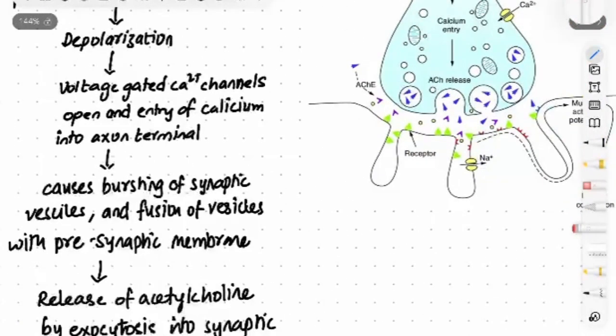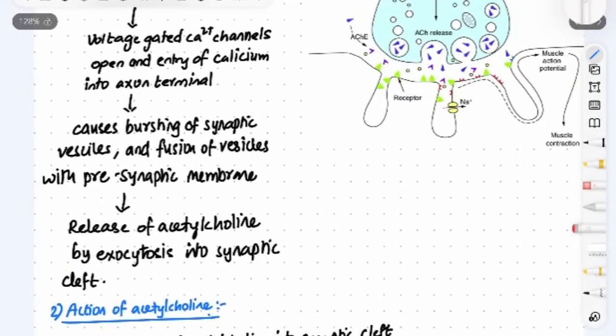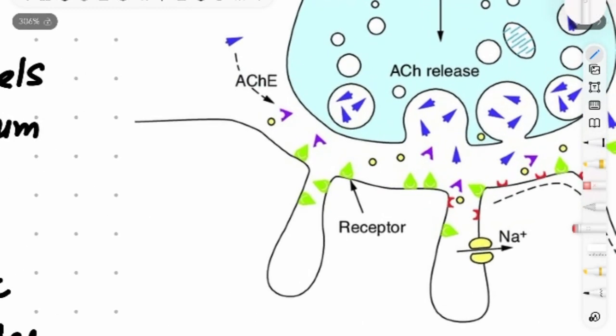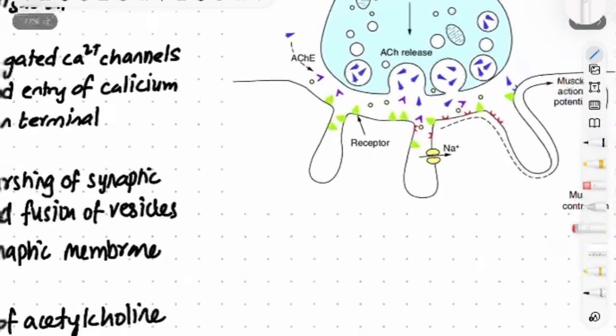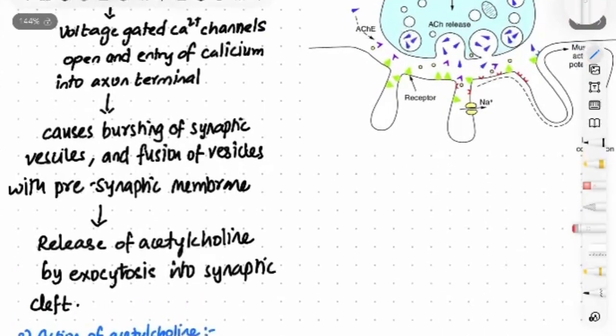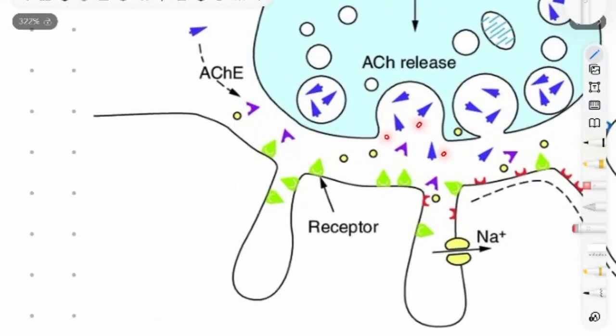Okay, now as the calcium enters, there will be binding of the synaptic vesicles to the presynaptic membrane, and there will be bursting of them. As soon as the vesicles burst, there will be release of acetylcholine. Now this acetylcholine must be released into the synaptic cleft.